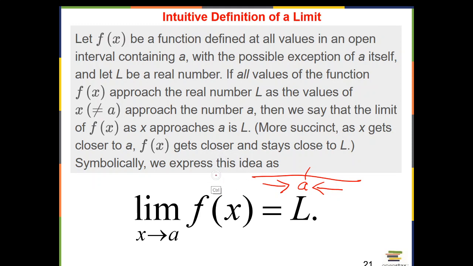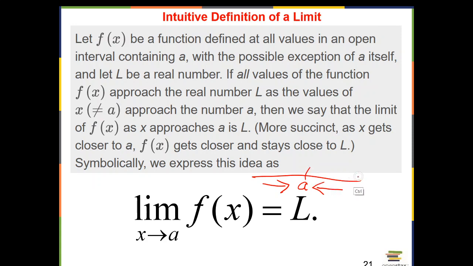In calculus 3, when you talk about multivariable calculus, the input value could be more than one, so we're talking about a point in two-dimensional or three-dimensional space. But this is the same idea, and all of these ideas can be extended to more than one variable. For now, we're talking about only one variable.